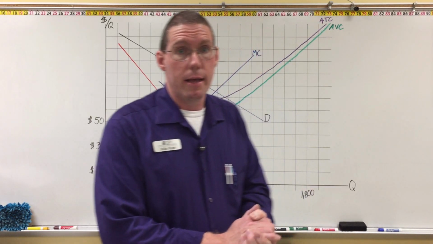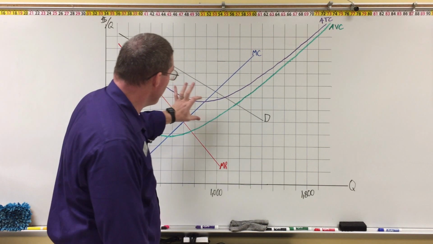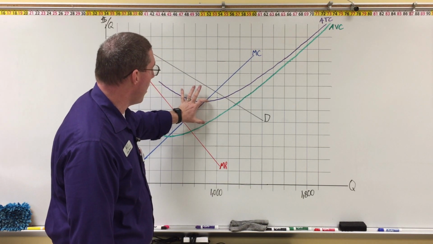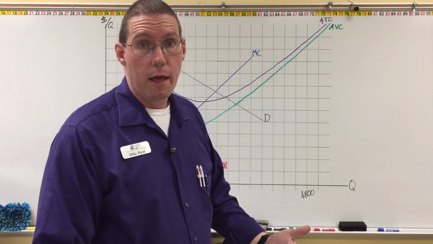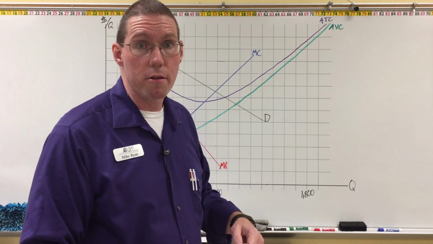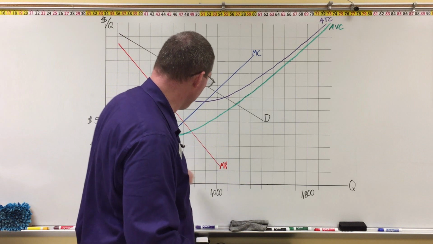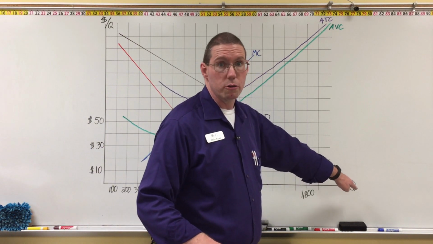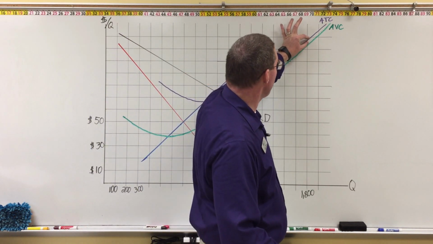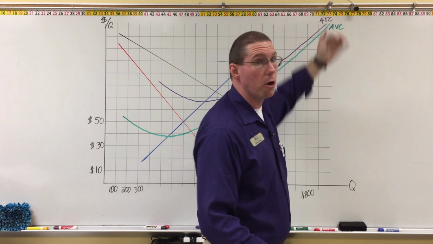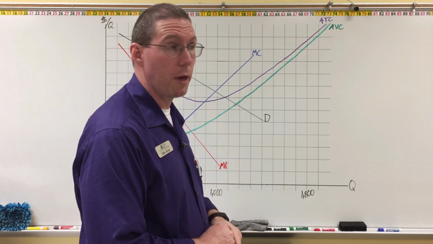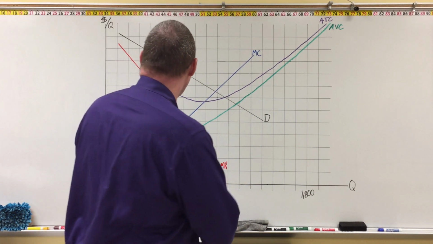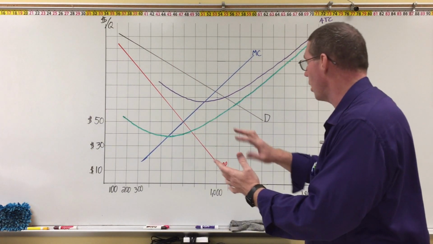The reason is that the difference between average total cost and average variable cost is average fixed cost. And because average fixed cost gets smaller as we approach larger quantities, the difference between them gets smaller as quantities increase.